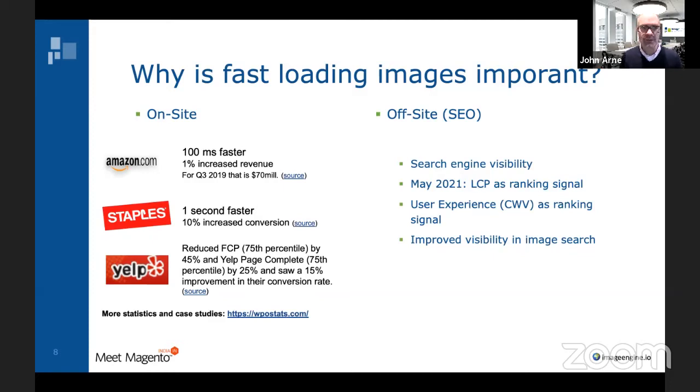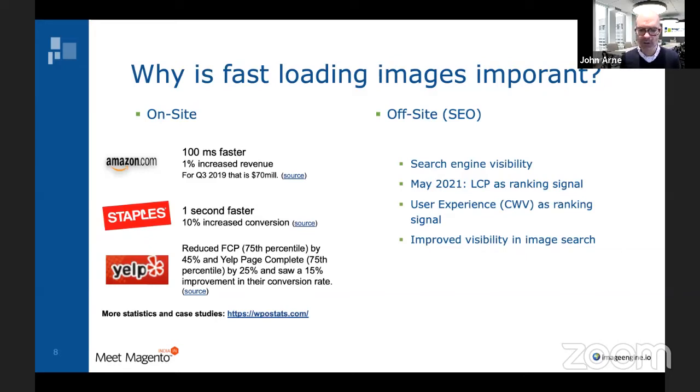I already mentioned the off-site impact, basically, SEO and discovery of content. Search engine visibility. I mentioned the core web vitals as ranking signals starting May 2021, and it's also important to think about image search, which is increasingly important for e-commerce.